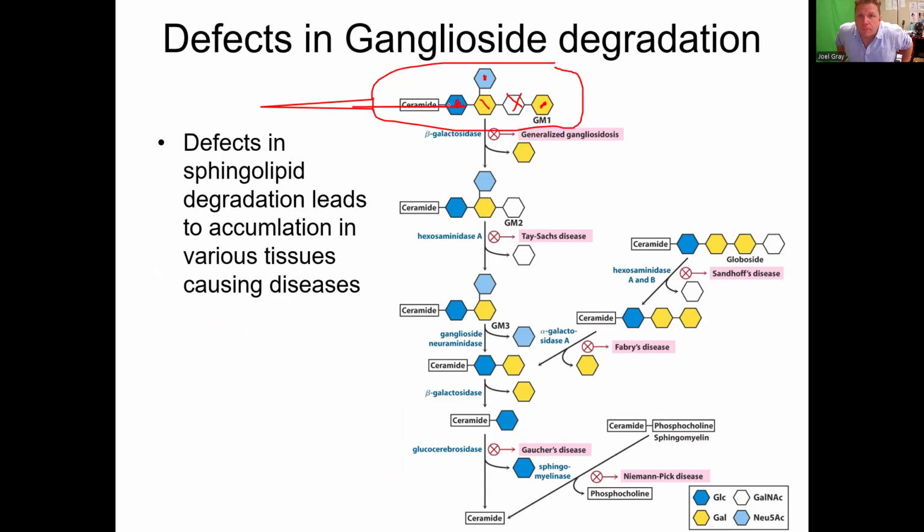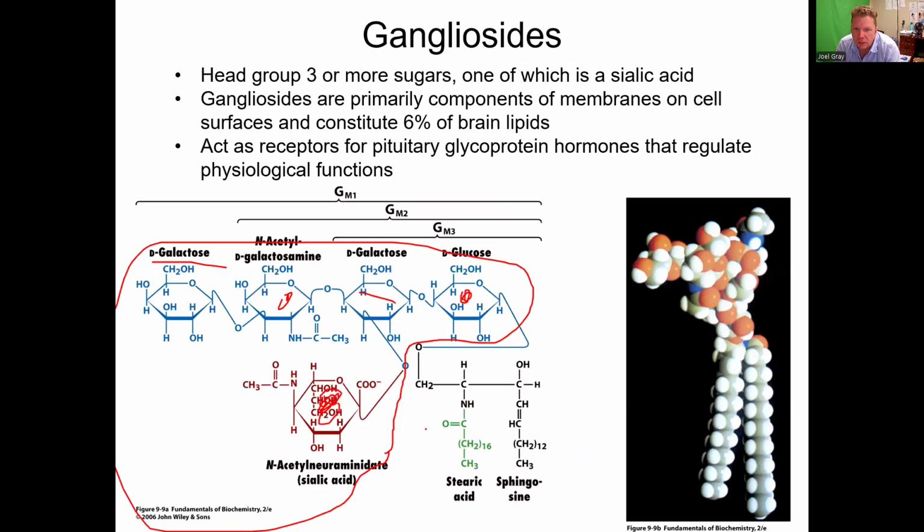Now, what is supposed to happen is that this molecule that I have circled is supposed to be metabolized by beta-galactosidase, hexosaminidase A, ganglioside neuraminidase, beta-galactosidase, and glucocerebrosidase, and it's supposed to leave behind a ceramide, which is my heart molecule down here.